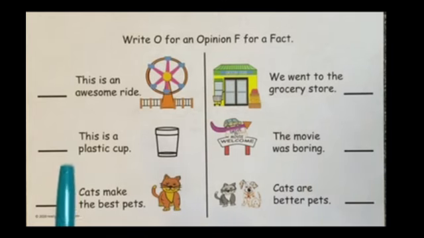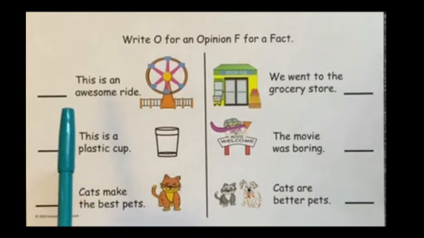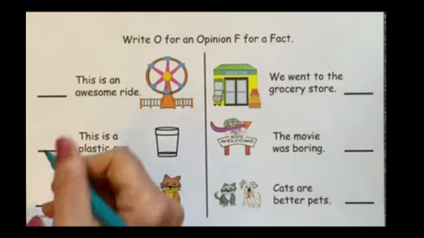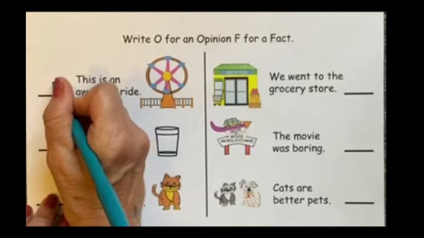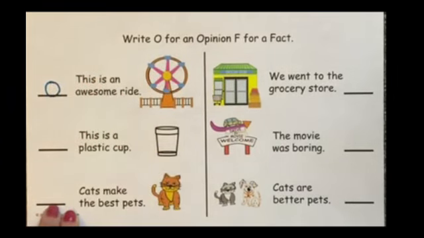And that is an opinion because someone else could have gone on the ride and said, this is a terrible ride. But this person, their opinion is, it is awesome. So have kids write an O there for opinion.